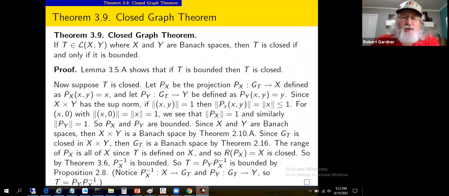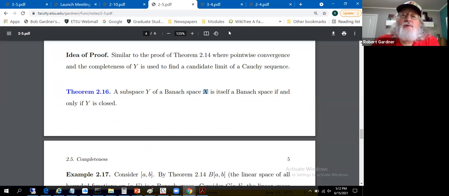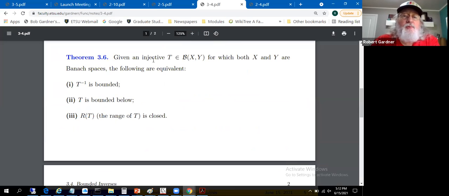Let's look at Theorem 3.6. So we're looking at closed range implies bounded inverse. We've got closed range. Closed range implies bounded inverse.